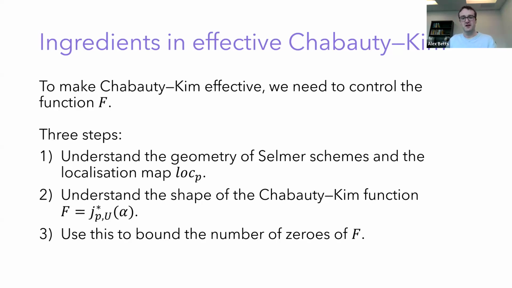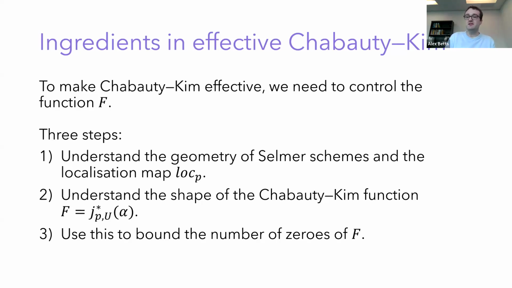The first step is, in my mind, the hardest: we had this local and global Selmer scheme and this map between them, and the first thing you need to do is get some kind of handle on the geometry that's going on there. I've told you that these are two affine schemes of finite type and there's some algebraic map between them, but that really doesn't pin down the geometry well enough. So you need to say something more precise about the geometry of these Selmer schemes.